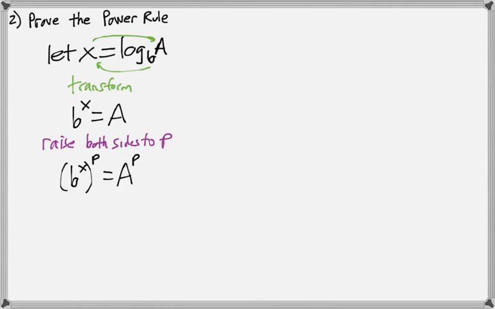Okay, so looking at this part right here, power to power means we multiply the exponents. So the other way to write this would be b raised to p times x, or px.